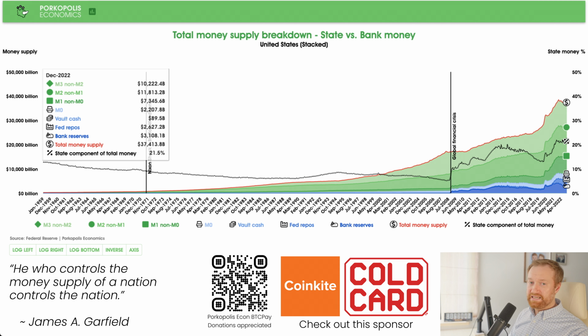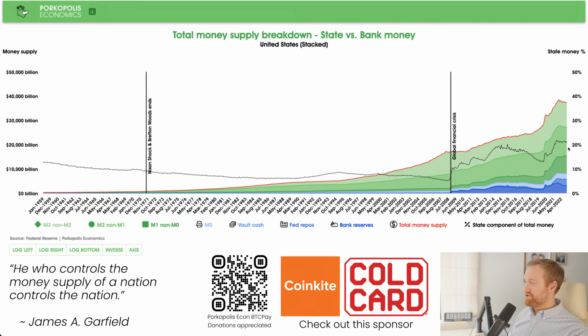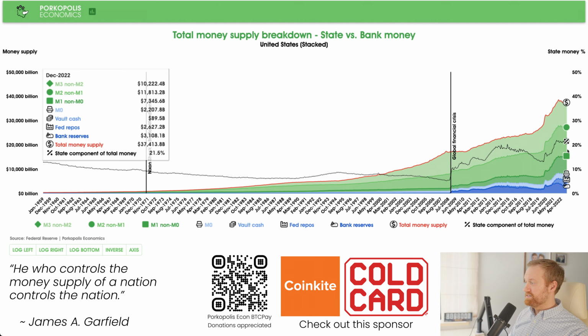Remember, Bitcoin economically compares with the blue shaded area, and regardless of Eurodollars, what we have seen so far since the global financial crisis is a massive increase of state money to total money in the economy.